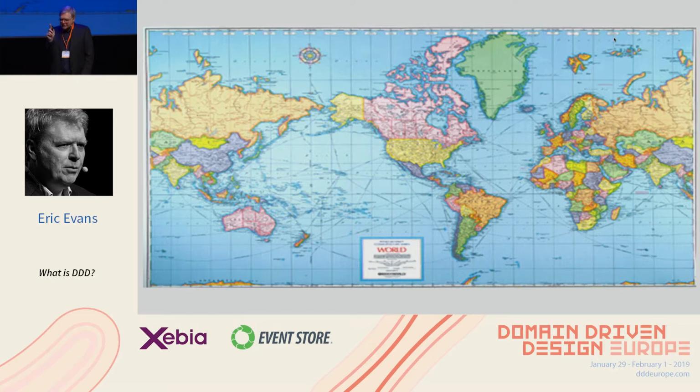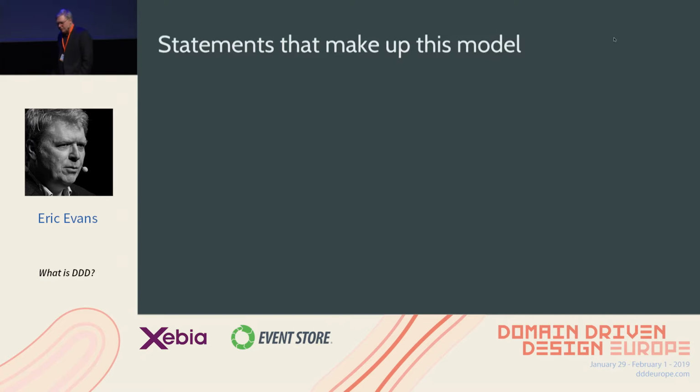This one makes figuring out directions very simple, but it makes figuring out the size of things a bit complex, but it's still possible to do. If I wanted to know the population of the US versus China, I could not do that with this map, no matter how complicated the calculation was. So there are these sort of factors. Now, what is the model as I mean it? Well, behind that map is the concept that the world is round.